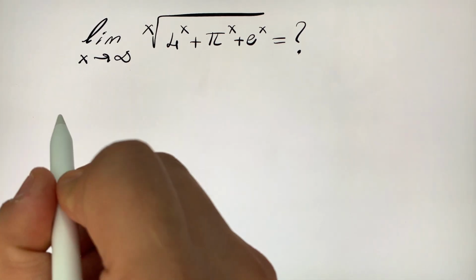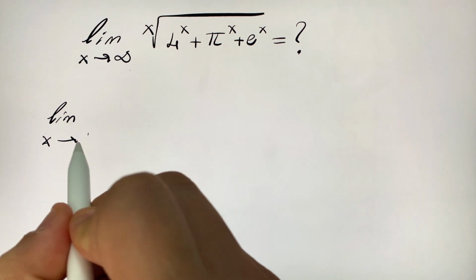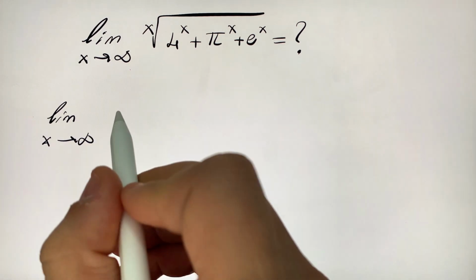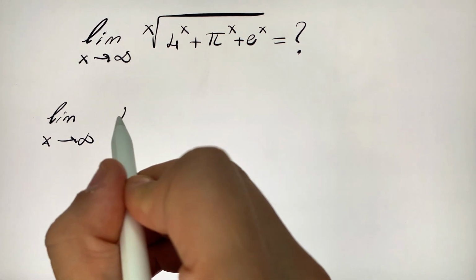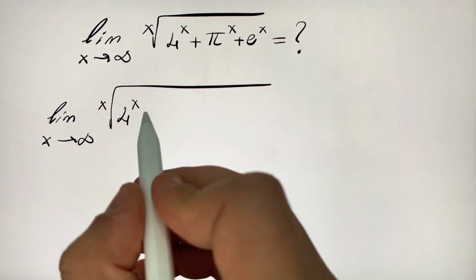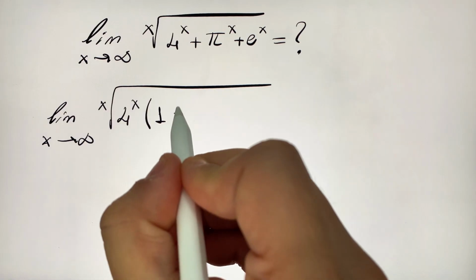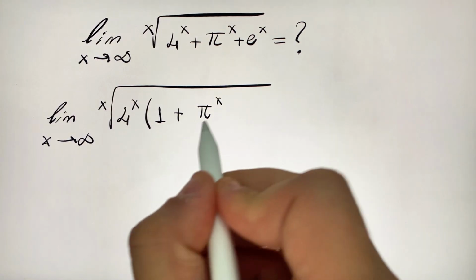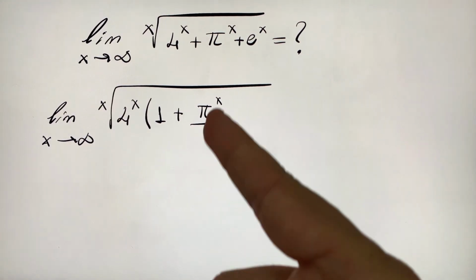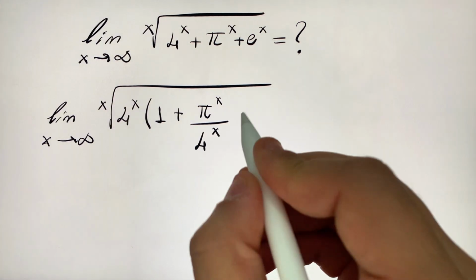I can say the limit as x goes to infinity. What will happen to this expression when I factor out 4 to the x? I opened it. 1 will come from here, friends. Plus I write pi to the x over 4 to the x.